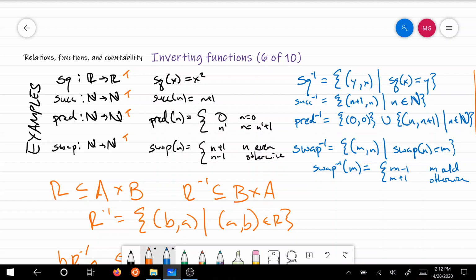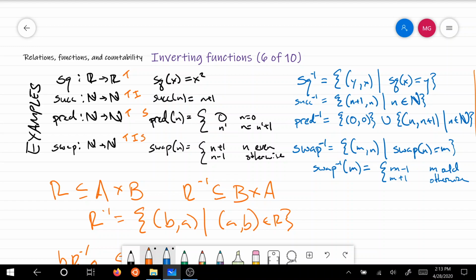And then now which of these were injective and surjective? So square was neither. Successor was injective but not surjective because it missed 0. Predecessor was surjective but not injective because there was more than one thing that hit 0. And this swap was both.